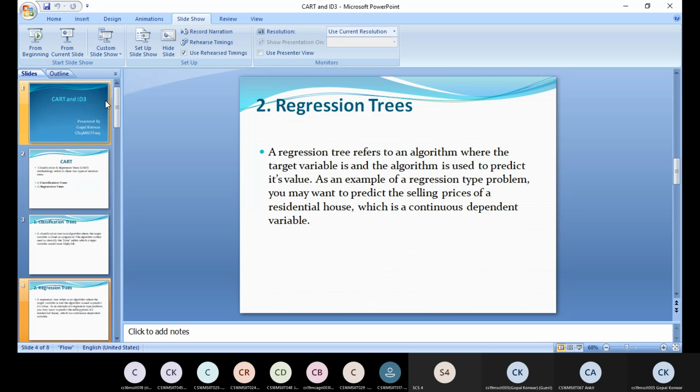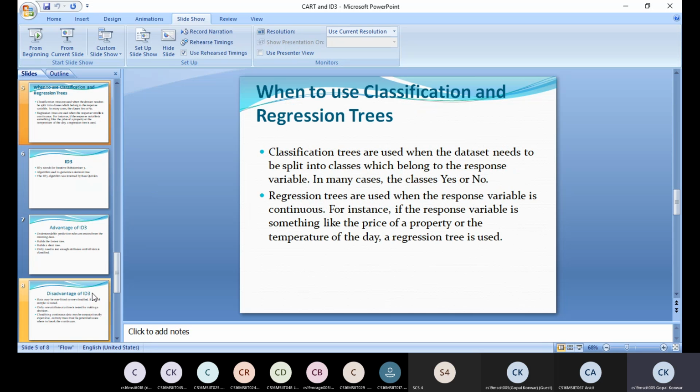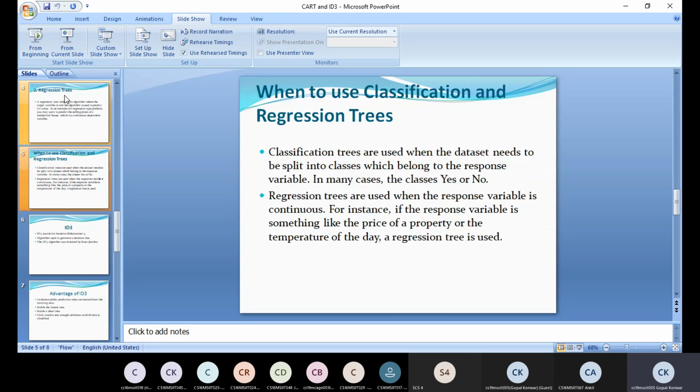The next slide is when to use classification and regression tree. Classification trees are used when the dataset needs to be split into classes which belong to the response variable.